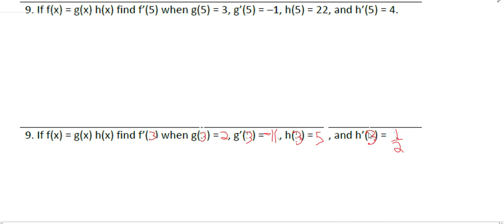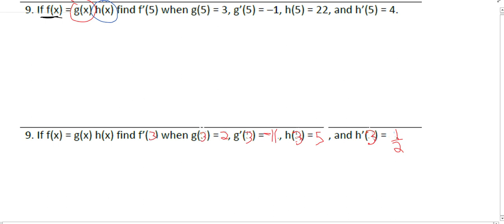Okay, let's look at number 9 in section 4 in chapter 3, where we're doing piecewise functions. This problem is a little unique because they just give you the fact that you have some function f of x made up of another function they're calling g of x multiplied by h of x, and they want you to find the specific derivative at 5.